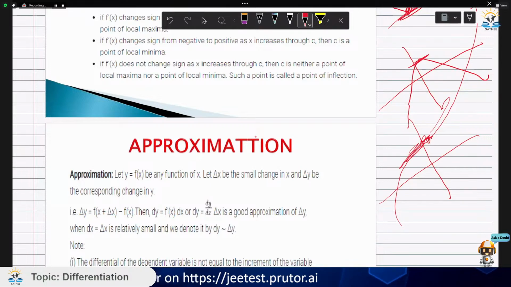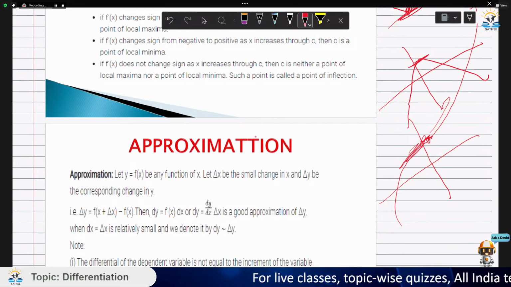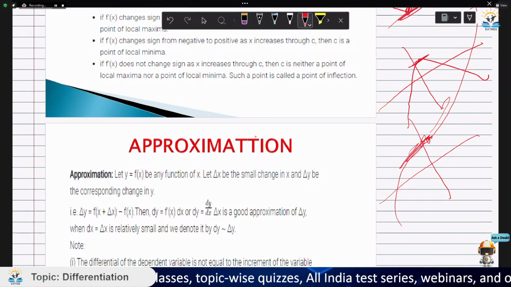The slope of a tangent to the curve y equals f of x at point x1, y1 is given by this. So this is what we have, the tangent.